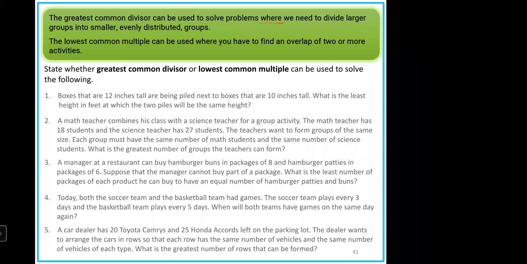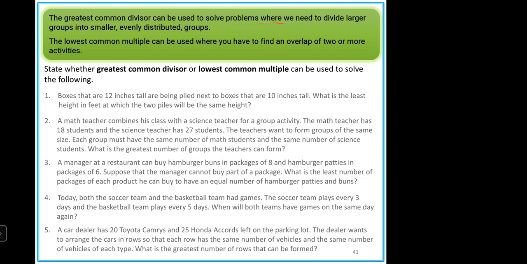Okay, thank you, Miss Nan. Miss La Rochelle, look at number 2. Tell me what you think for that one. Will that be the lowest common multiple? Okay, that's number 2.